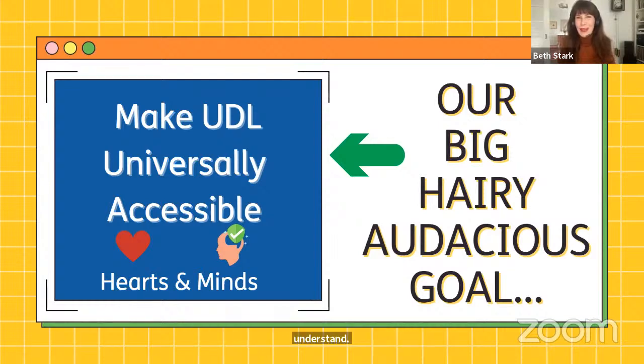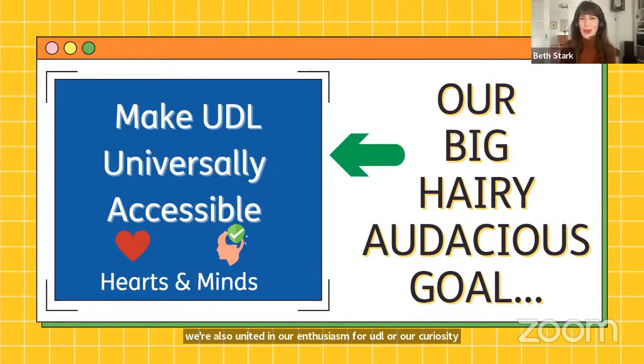Looking at this group that we have here, I just feel like we're all so united in our enthusiasm for UDL or our curiosity about UDL. But, moving outside of that collection, that beehive of people that have open minds and are excited about UDL, taking a moment to reflect on what are those barriers and how can we push ourselves forward as societies and learning communities to make sure that other people understand what we're talking about.